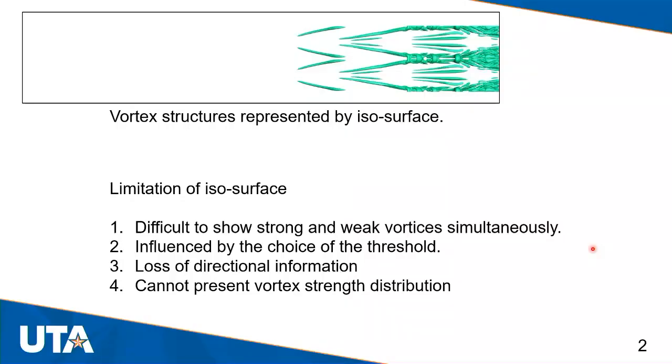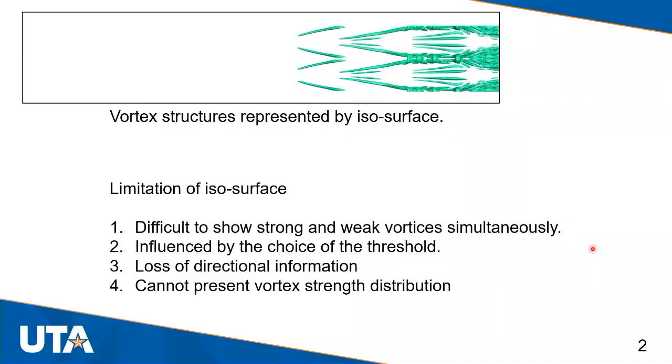Maybe you may say, for these lambda vortices, you can tell the rotation direction because the shape of the isosurface is like a line. But when the vortex structure becomes more complicated, it does not show you a clear direction. So we do not know how the vortex is rotating inside the isosurface.